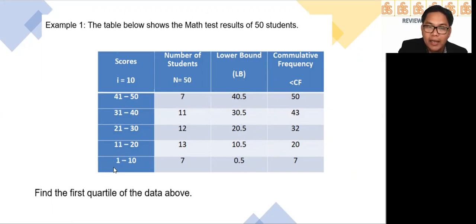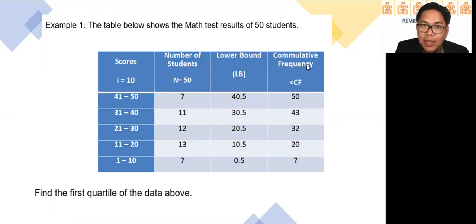Focus on 1. If you subtract 0.5, you will get 0.5, and that is the lower bound. 11 minus 0.5 is 10.5. 21 minus 0.5 is 20.5. 31 minus 0.5 is 30.5. And 41 minus 0.5 is 40.5.